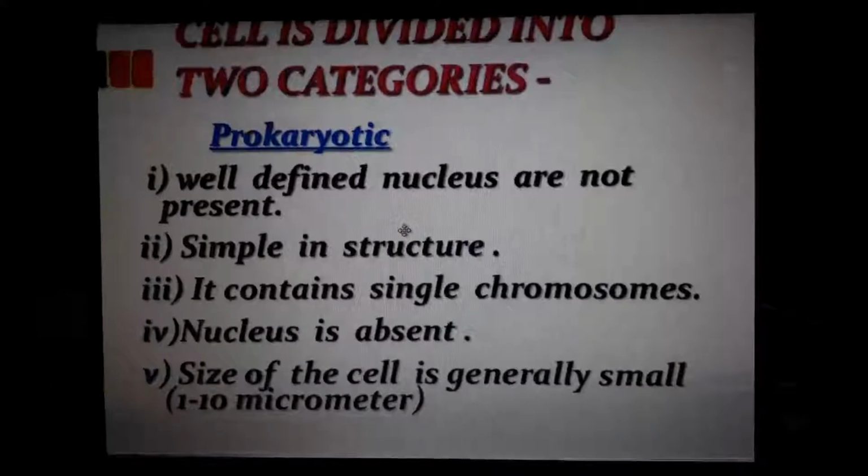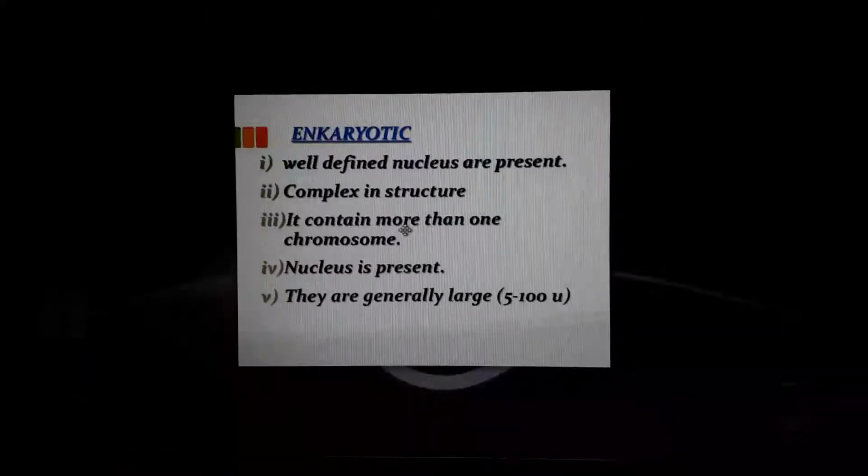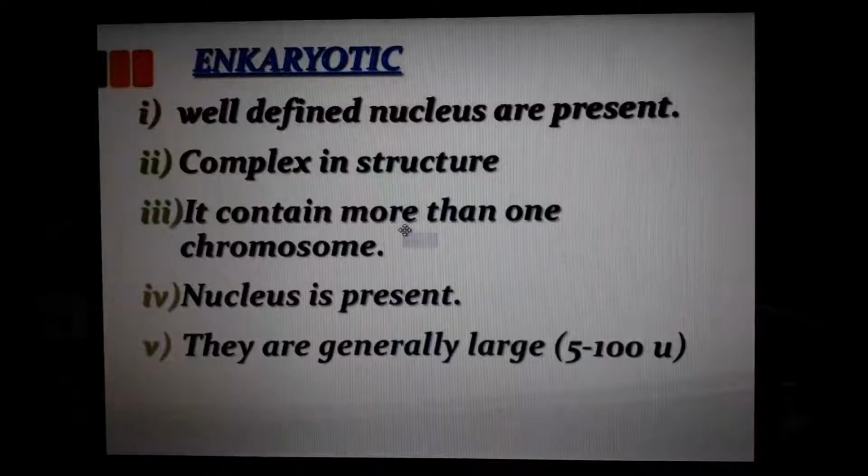Next one is eukaryotic cells. Well-defined nucleus is present. Complex in structure. Contains more than one chromosome. Nucleus is present. They are generally large. So human beings are eukaryotic. Understand?